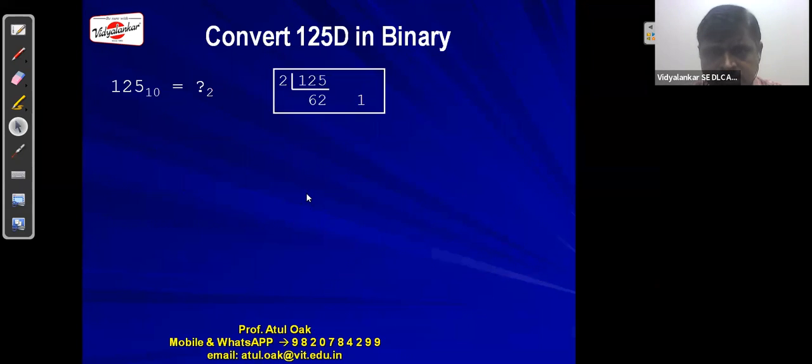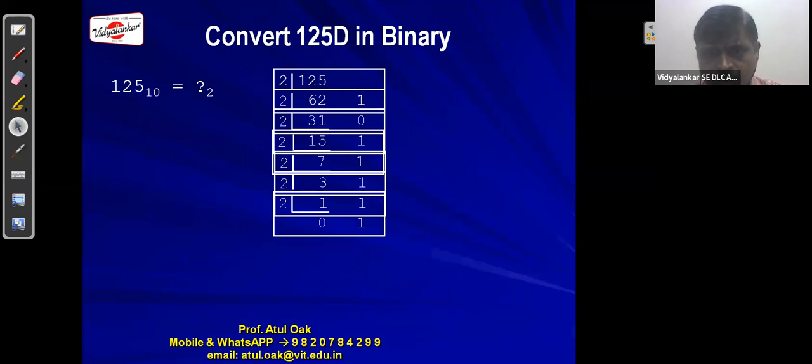Okay, now you will see that at this particular point, my dividend is less than divisor. So I stop my division. Division is not possible, so my quotient is 0 and the last digit is my remainder. Okay, I will keep this as it is and collect all bits from bottom to top.